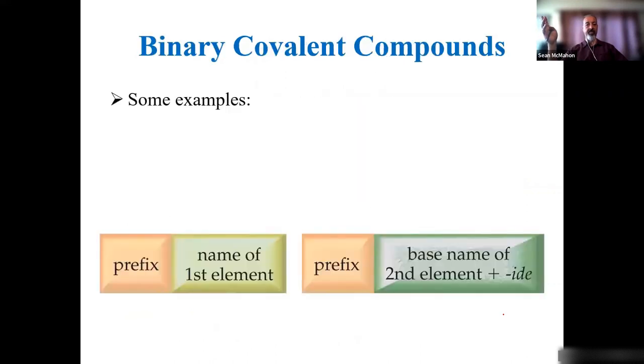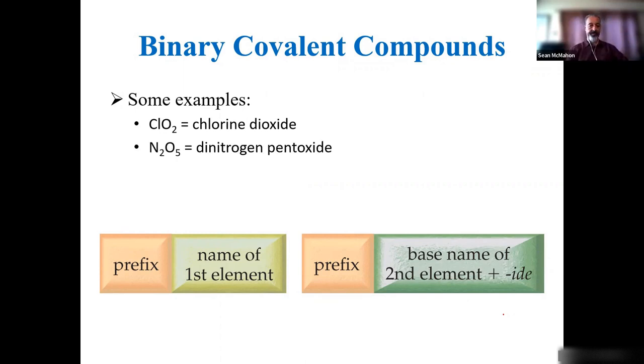So now we see that that's not monochlorine dioxide. It's just chlorine dioxide. And even though a halogen is less metallic than oxygen, that rule, we put the halogens as the one exception before the oxygen. Now, the first element, nitrogen. Nitrogen's more metallic than oxygen. We list it first.